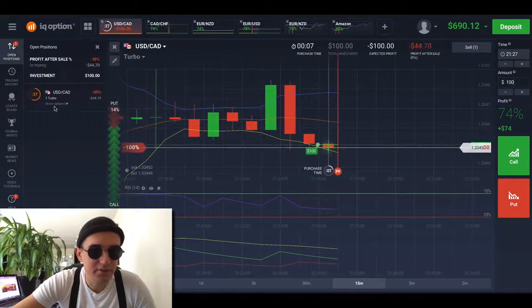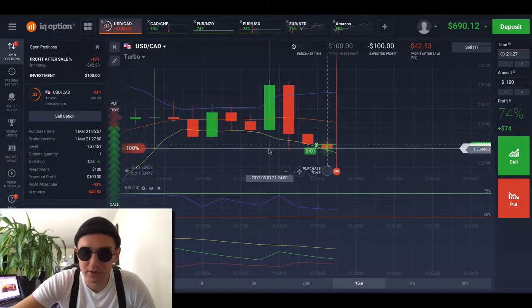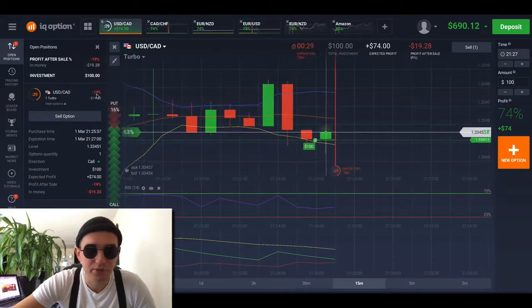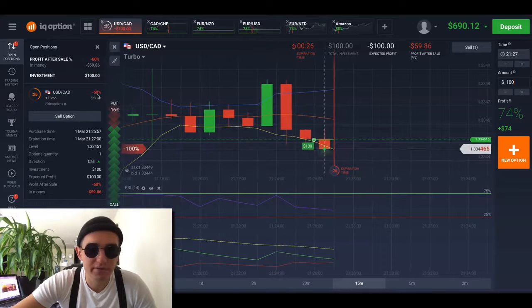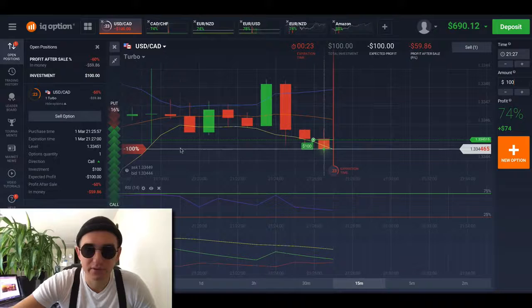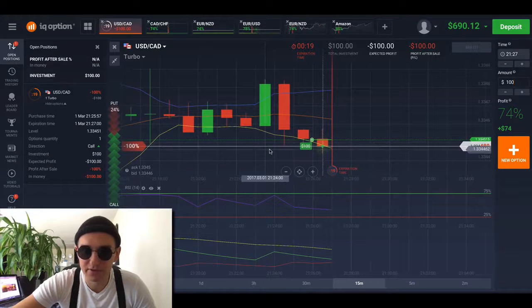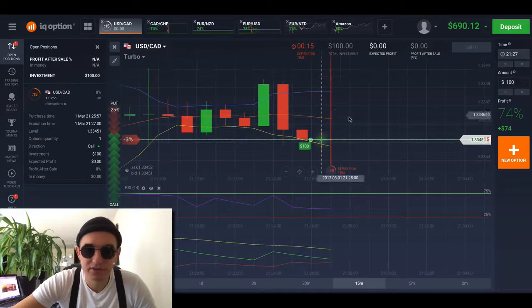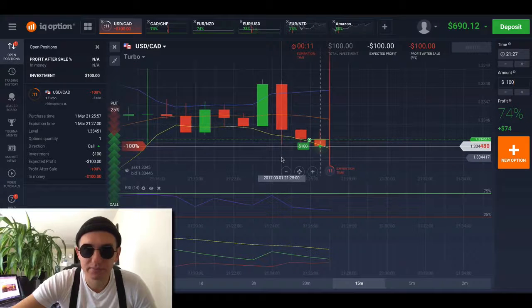And even if we get to know that this was a bad decision, we still can sell this option, and we can lose only, you see that value is always changing, like 50-60% depending on where the graph is at this moment. And okay, this feature disappeared because we are close to the expiration.